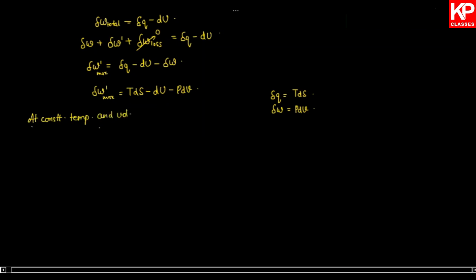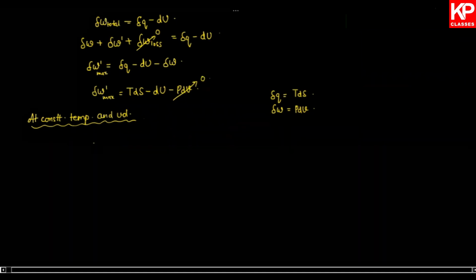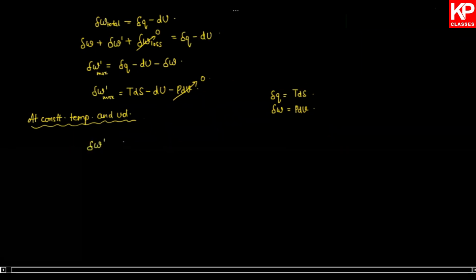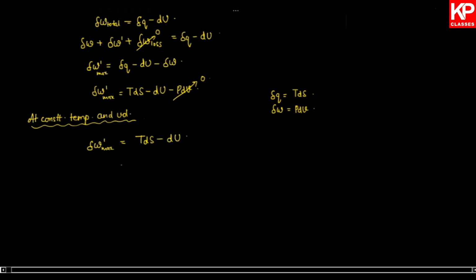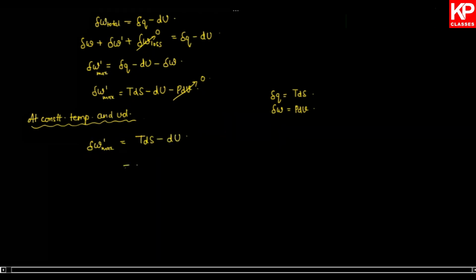Since the volume is constant, the mechanical work done will be equal to zero as the change in volume is zero, so we can neglect the mechanical work portion as well. Okay, so del W dash maximum is given by TdS minus dU, and it can also be written as minus d(U minus TS).